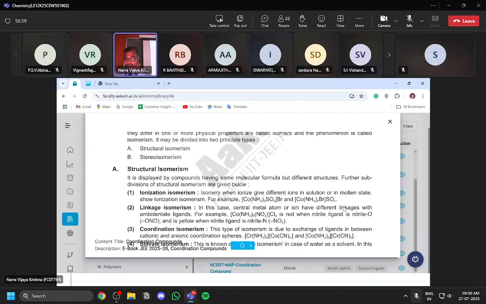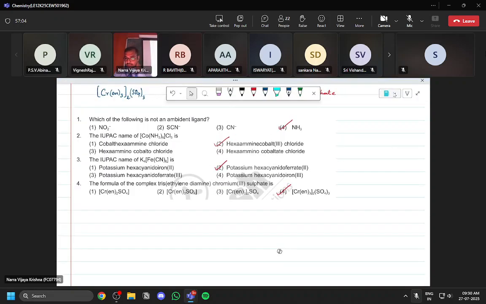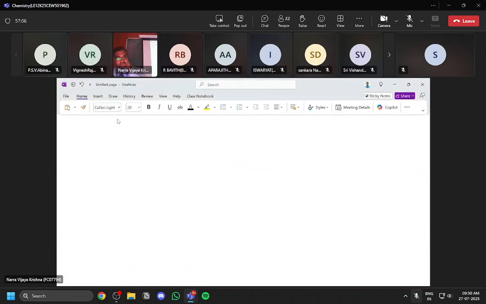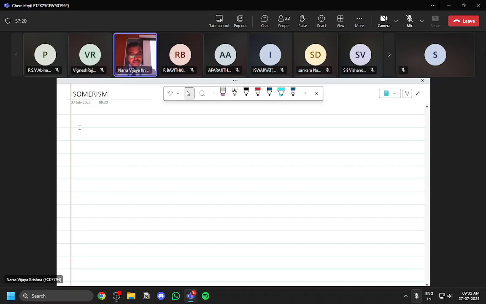Isomerism in coordination spheres, right? First let me complete that isomerism part and I will come back. If you complete isomerism, more than 70%, 80% of this chapter is over, right? Isomerism of complexes is a very easy topic. What are the conditions for isomerism?